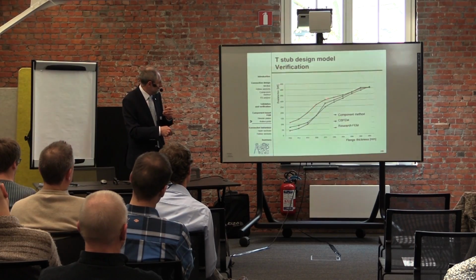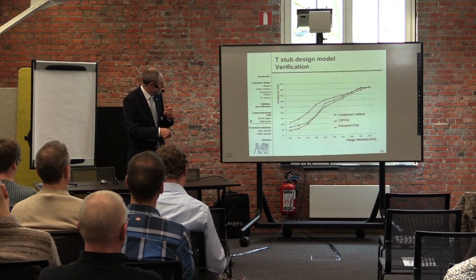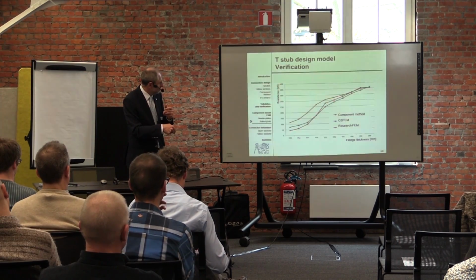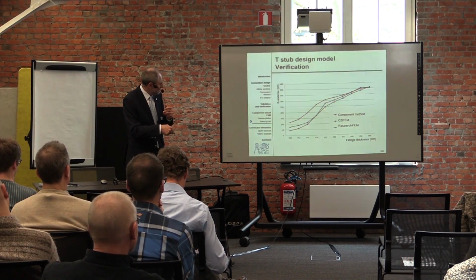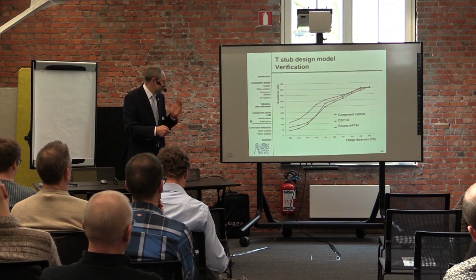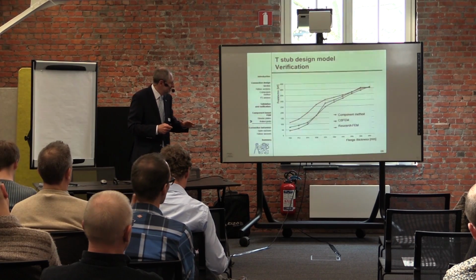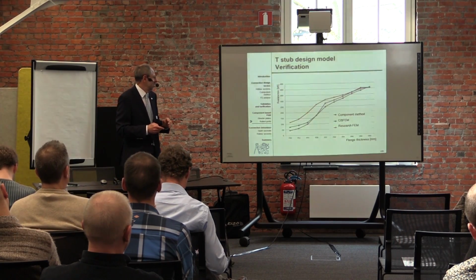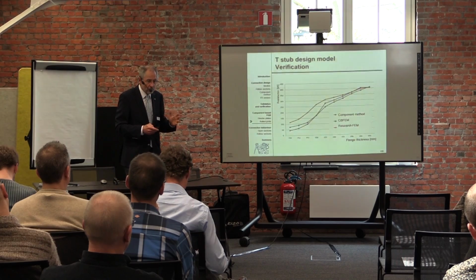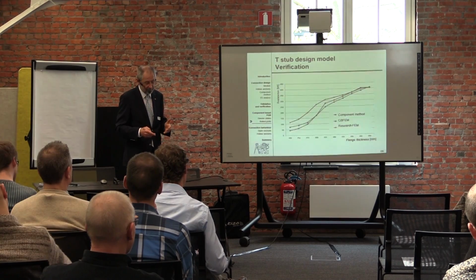Here you see how much it is, because this pink is like bending, and this is our model. So we saw that we are conservative, a bit too conservative, but even if we are higher compared to the Eurocode T-stub prediction, we are in good numbers.